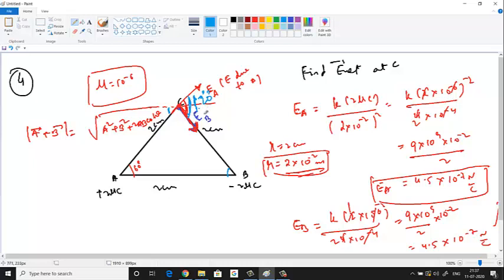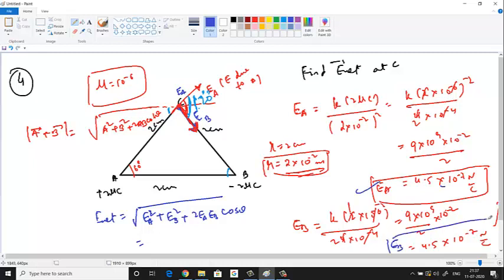So if I use this formula to find the resultant of E due to A and E due to B, then what will I get? The resultant E net magnitude, only magnitude, is equal to under root of EA square plus EB square plus 2 EA EB cos theta. Theta is 120. What is EA? EA and EB are equal in magnitude, 4.5 into 10 power minus 7, so let me call this E and E. You'll get E square plus E square plus 2 into E into E, which is 2E square, times cos 120.